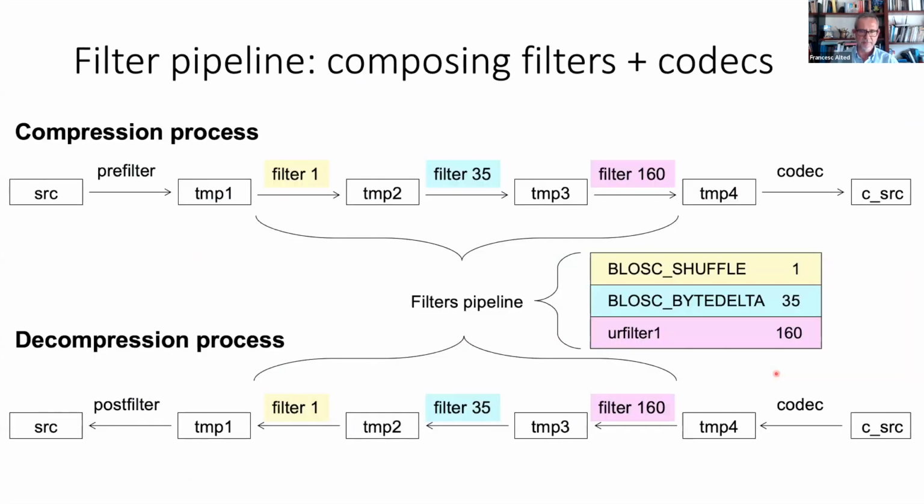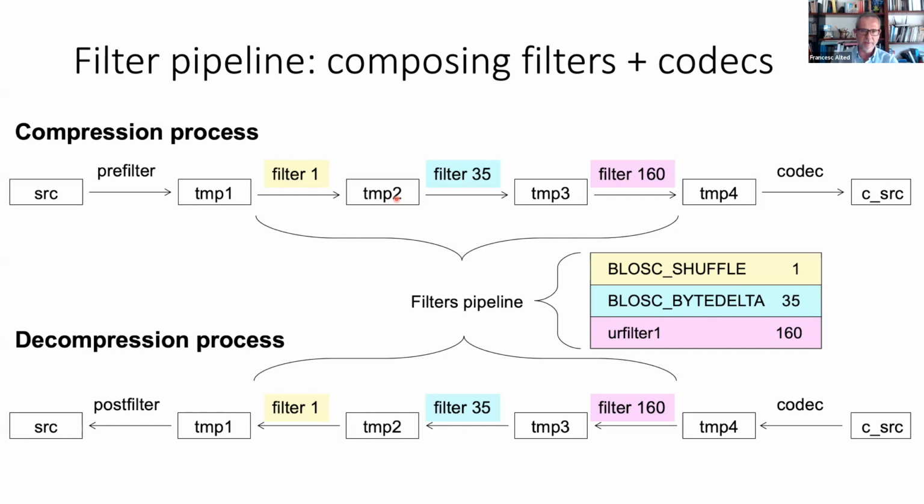So for example, this is how this works in Blosc2. Blosc2 has also its own filter pipeline, and it can use up to 6 different filters, and all the different buffers here are reused very carefully in order to avoid copies. As you know, avoiding memory copies is capital in order to reach good performance.